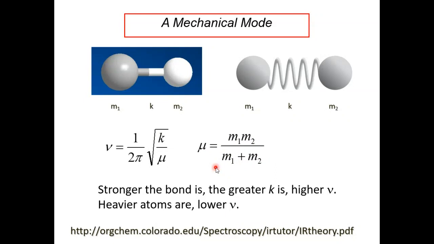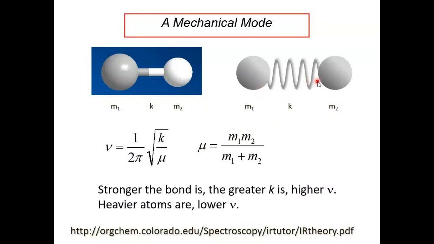I'm not asking you to memorize this exact equation. Instead, you want to see the trend. If you keep the two atoms the same and only change the bond strength, then mu remains constant, because it is related only to atom mass.